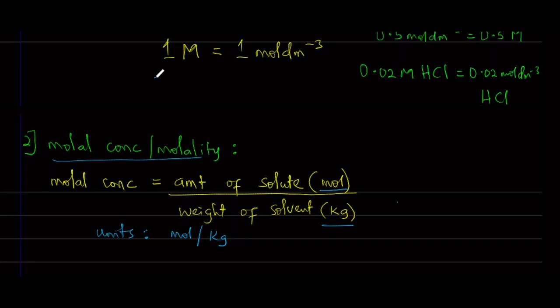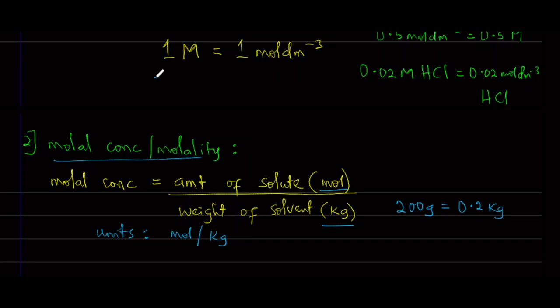For example, if we are given the weight of water to be 200 grams, we need to convert from gram to kilogram. Dividing by 1000 gives us 0.2 kilogram. You can feel free to pause the video to check the conversion factor from gram to kilogram.